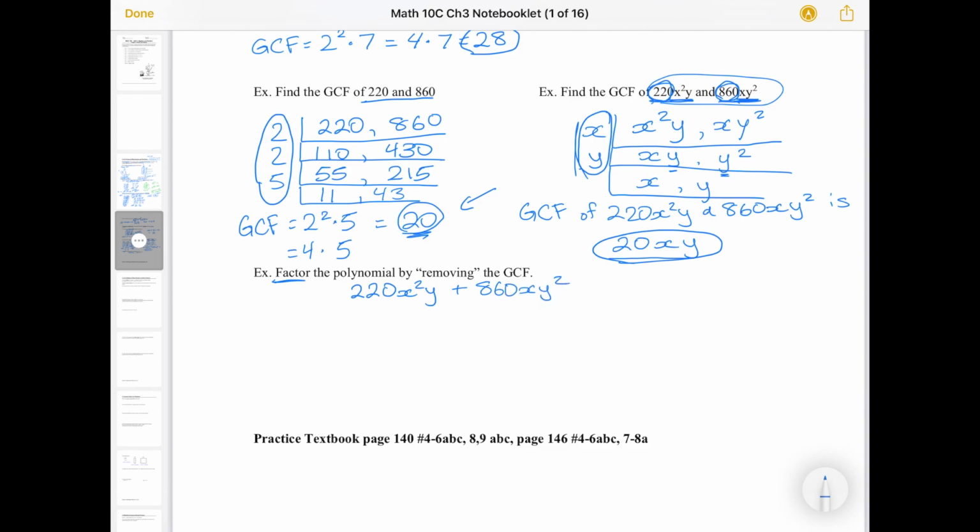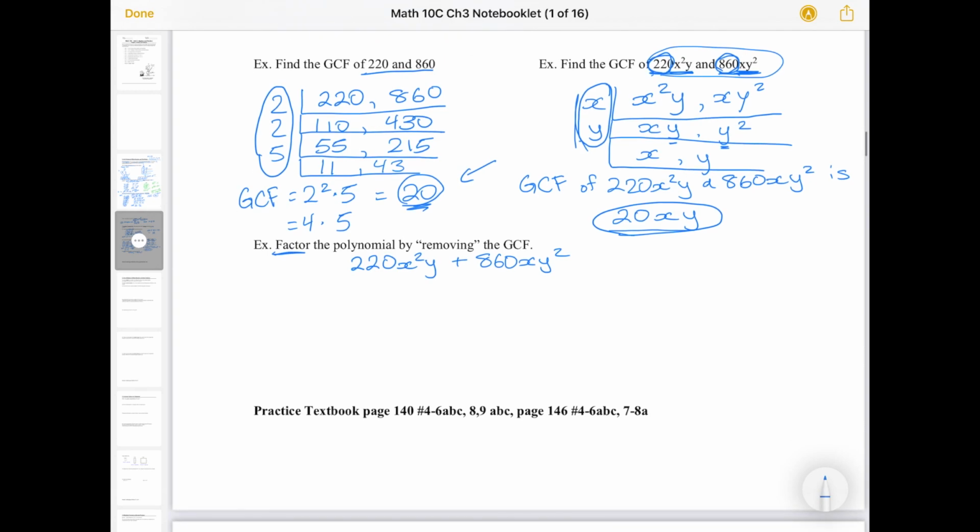So that should have been in your notebook. So that's a polynomial. It has two terms, right? This is one term, this is a second term. And I want to factor it by removing the GCF. So what that means is I'm going to take my GCF I found here, my 20xy, and I'm going to divide both of them by 20xy.